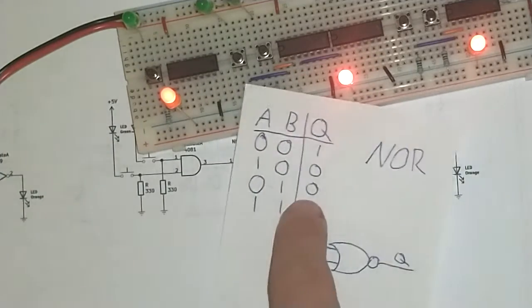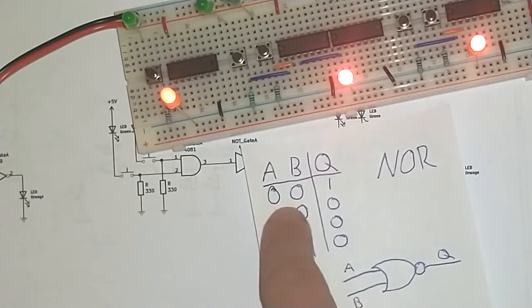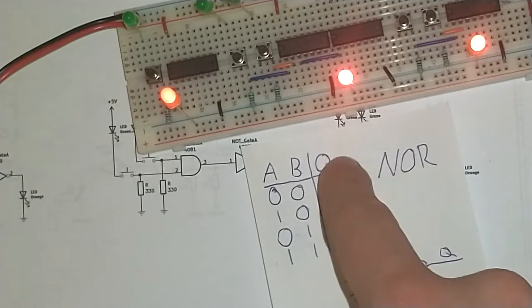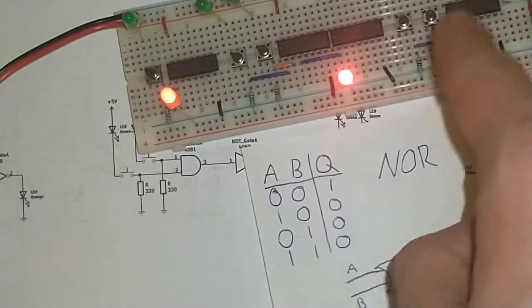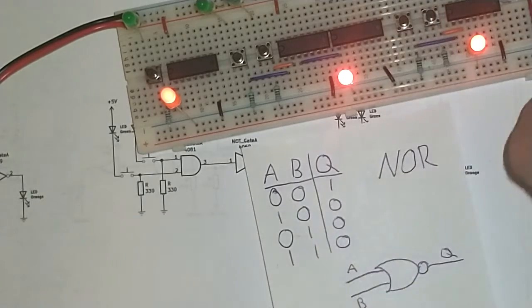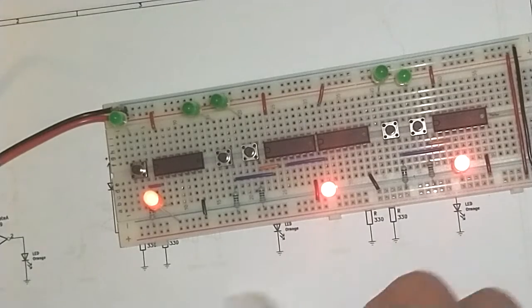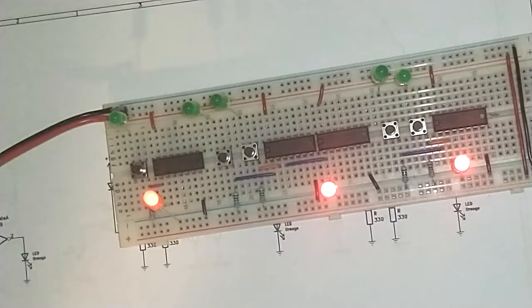As you can see, the output is only high when both of the inputs are low. Any other time it's just low. So it's now high because both of these inputs are low, as you can see on the LEDs. Also you can see that there is the little bubble at the end as well.